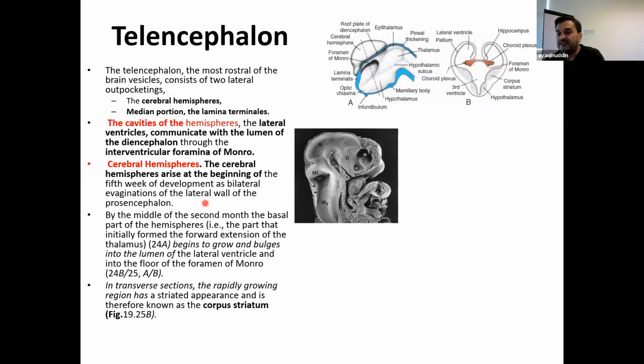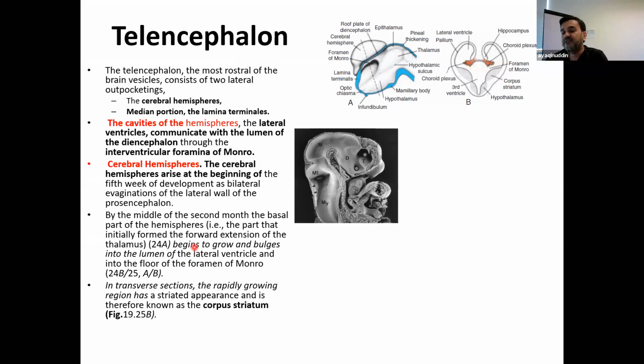By the middle of the second month, the basal part of the hemisphere is going to extend forward over the thalamus and begin to grow and bulge. So initially they are lateral outpouchings, but then they extend forward and beyond the thalamus, giving rise to the frontal lobe, and then back of the thalamus, giving rise to the occipital lobe, and then below the thalamus to give rise to the temporal lobe of the cerebral cortex.